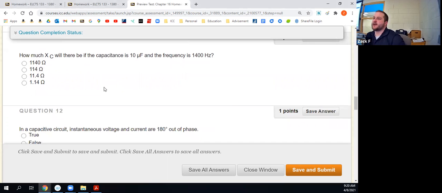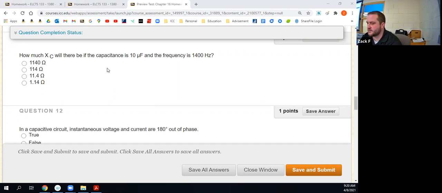How much inductive reactance will there be if the capacitance is 10 microfarads and the frequency is 1400 hertz? Got to do a little math, eh?